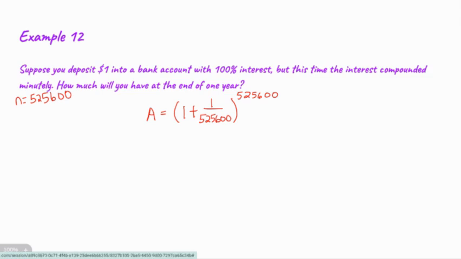So go ahead and type that into your calculator. 1 plus 1 divided by 525,600 to the power of 525,600. And that gets us 2.71827, but not rounded this time. Before it was 2.669.